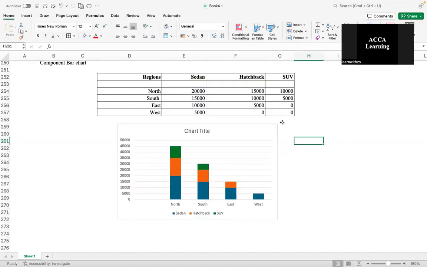Since hatchback and SUV in east and west do not have any kind of sales, there is no green patch here, right? Apart from that, you can see this much of north, the car SUV indicates 10,000. 45,000 minus 35,000 gives you 10,000. Very simple way of reading a component bar chart.